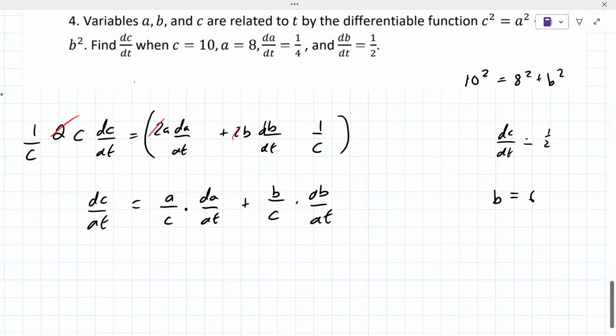And so you just put the numbers in: 8 over 6 times da/dt, which is 1/4, plus 6 over 10 — I got the wrong number here. c is 10, times 1/2. All right, so you got 2 over 10 plus 3 over 10, which is 5 over 10, which is 1/2.